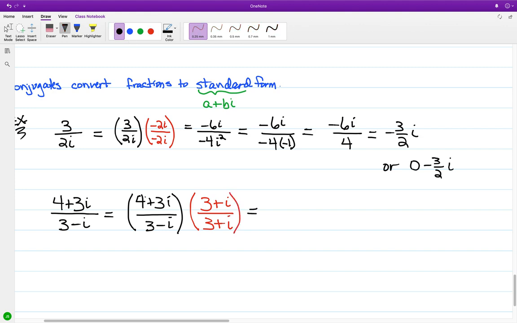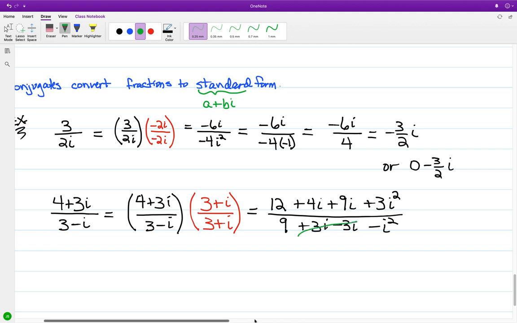If I distribute, in this instance, we got 4 times 3 is 12, and we have plus 4i, 3i times 3 will become 9i, and then we have plus 3i squared. And for what we have in the denominator, we have 3 times 3 is 9, we have plus 3i minus 3i, we have minus i squared.